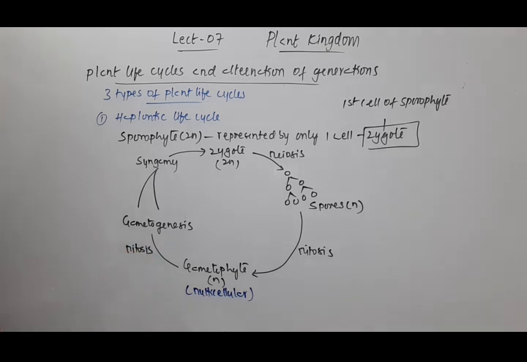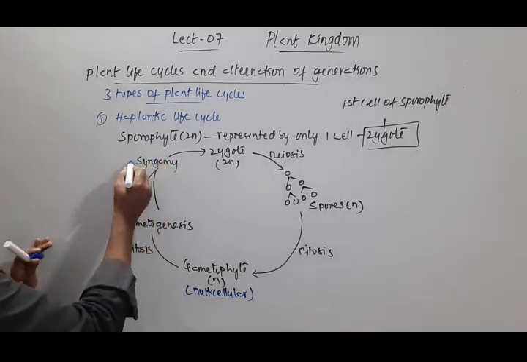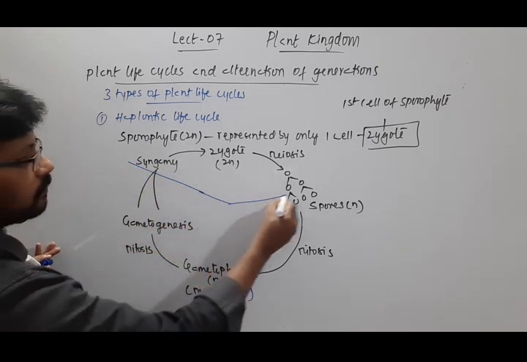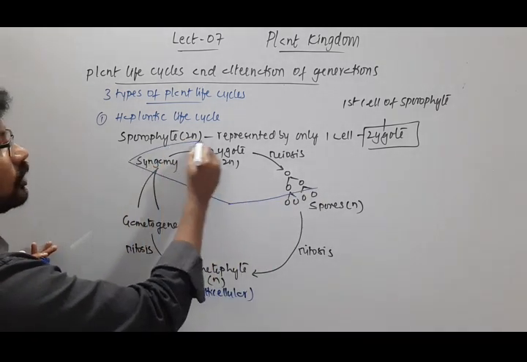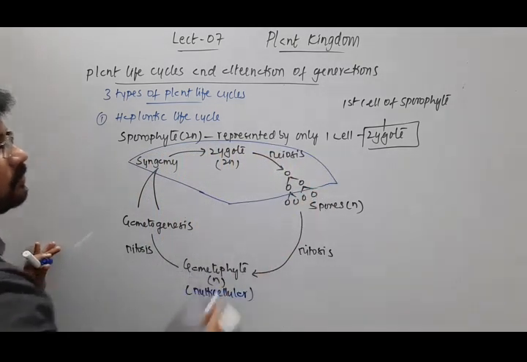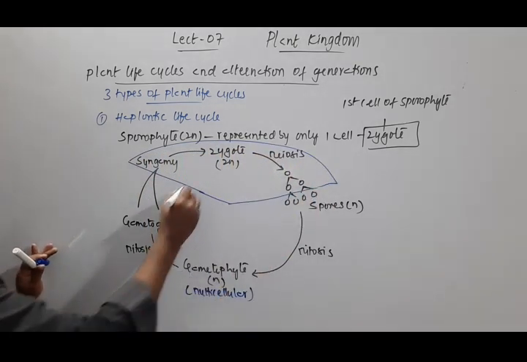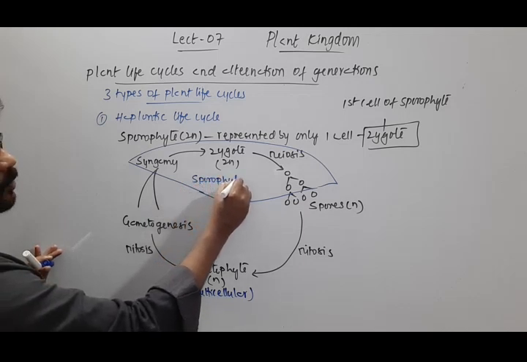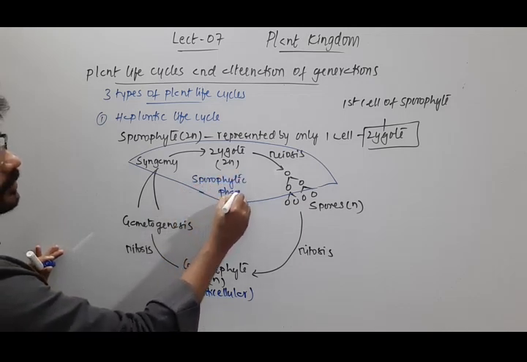So in this case, the sporophyte, where is the sporophyte? In this case, the sporophyte is seen only this much. Only this portion will come under the sporophyte. So this is the sporophytic phase.